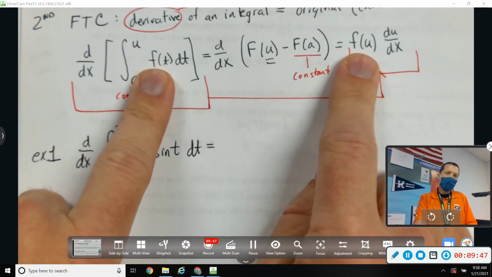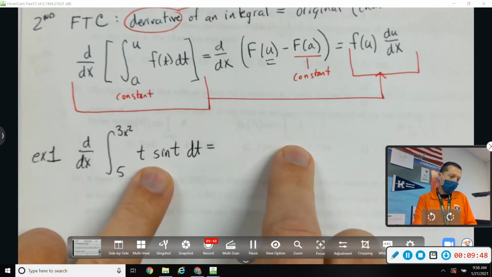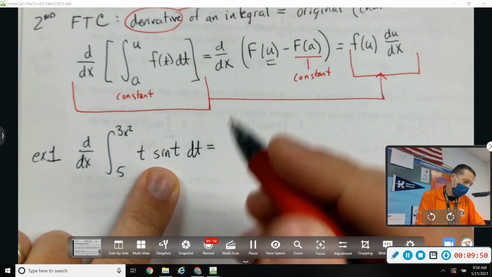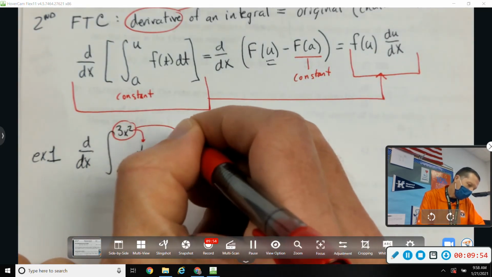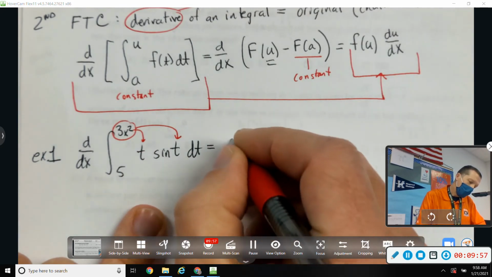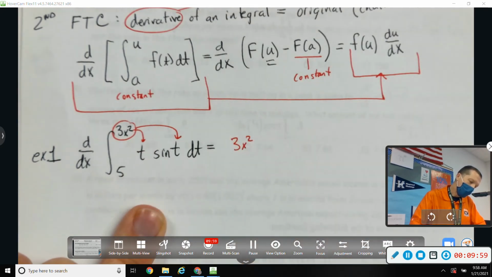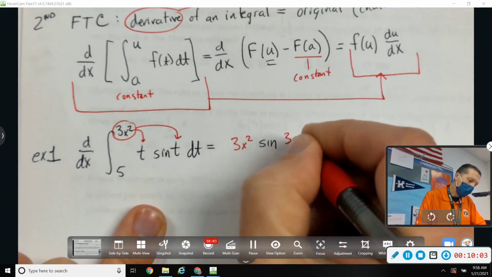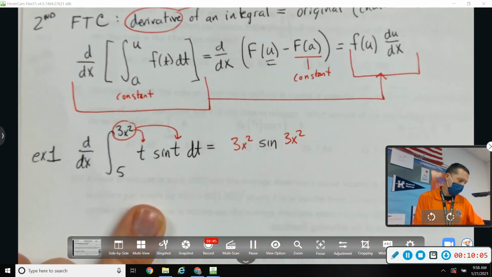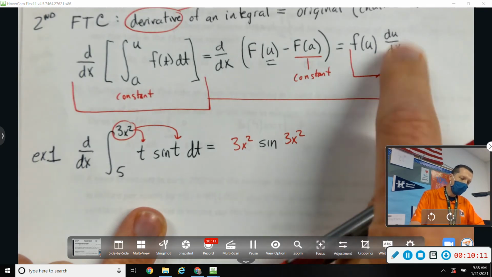So if you kind of follow the pattern, we're going to have t sine t, but instead we're going to plug in the top limit for both of those. So 3x squared sine of 3x squared, but then, don't forget the chain rule.